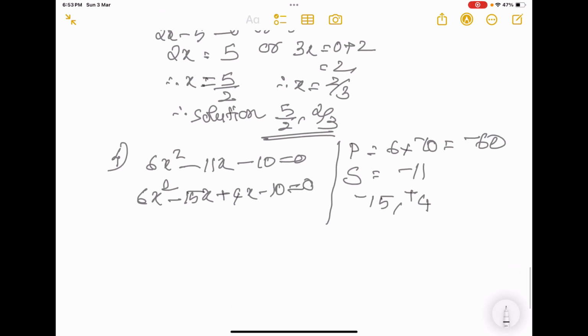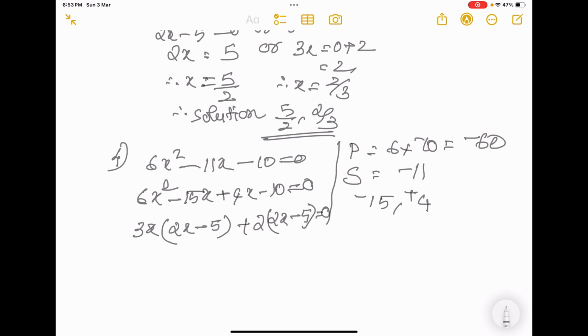From these two you take outside 3x into 2x minus 5 plus, from here you can take a 2 outside, 2 4s and 2 5s are 10, 2 into 2x minus 5.